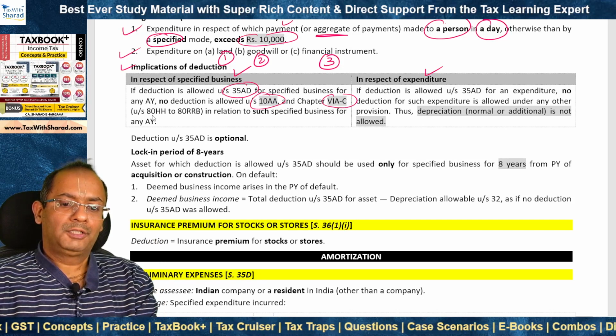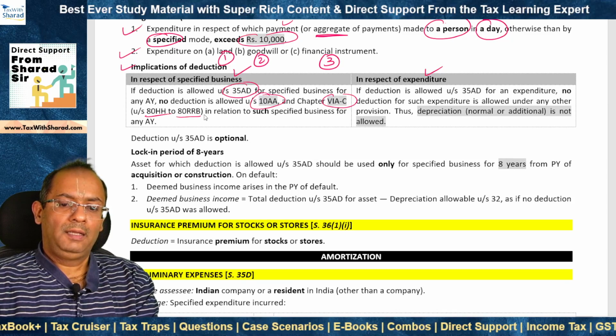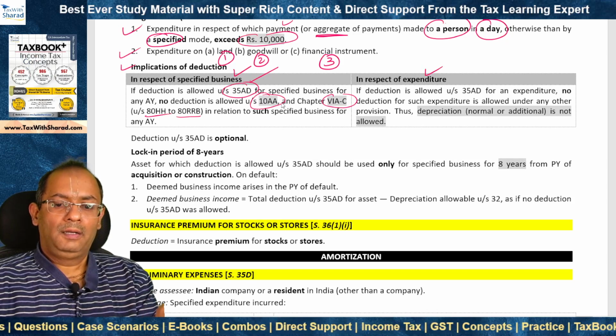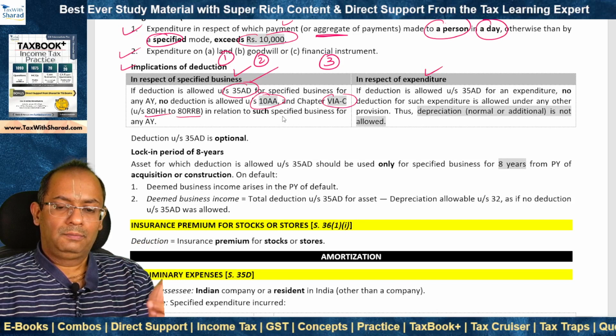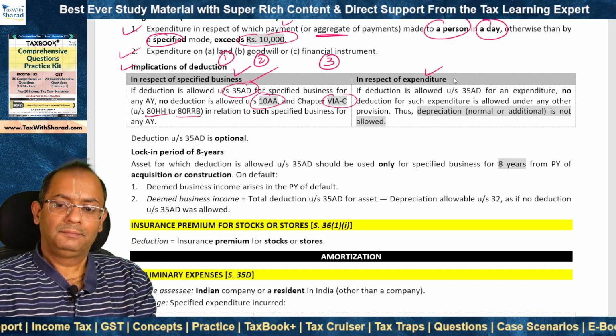Chapter VIAC, deduction by virtue of sections 80HS to 80RRB. So either you can claim deduction under 35AD or under 10AA plus chapter VIAC. Deduction cannot be claimed for both 35AD and 10AA plus VIAC.